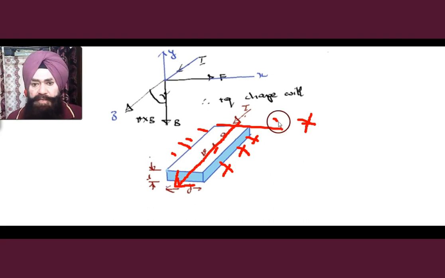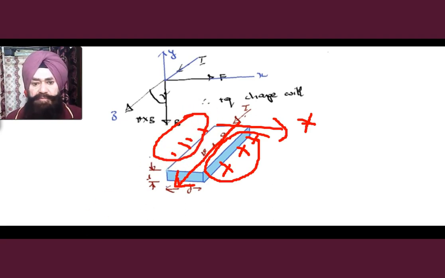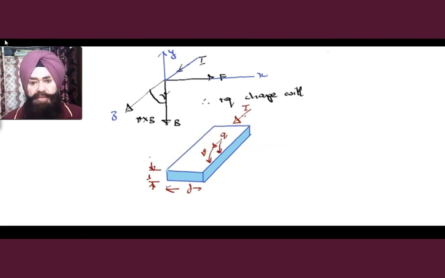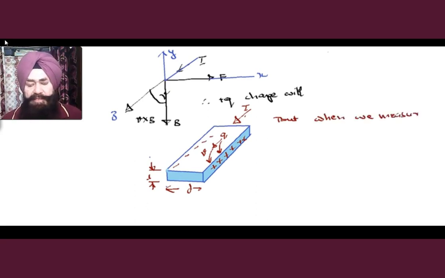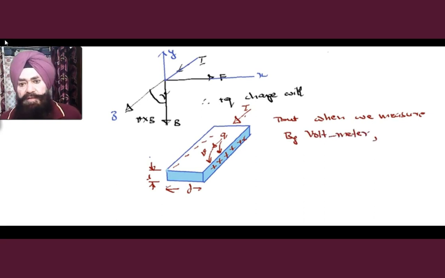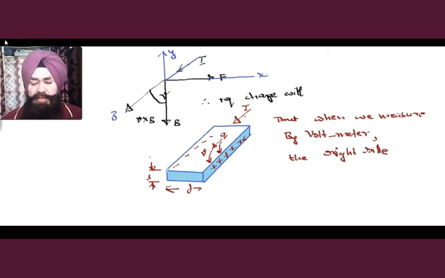So they will experience a force along this side. So when we measure this potential difference with the help of the voltmeter, now the right hand side is positive.